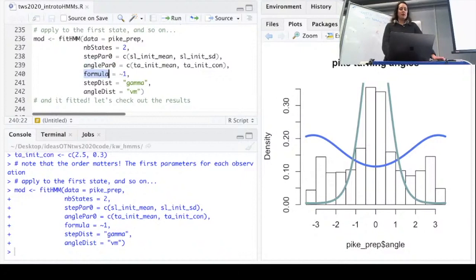I didn't even plan to put this, and I definitely wouldn't have had time anyways. But this formula is a way of relating your switching probabilities, that transition probability matrix that determines what state you're in and whether you're switching between states, to a covariate that might be associated with your data.